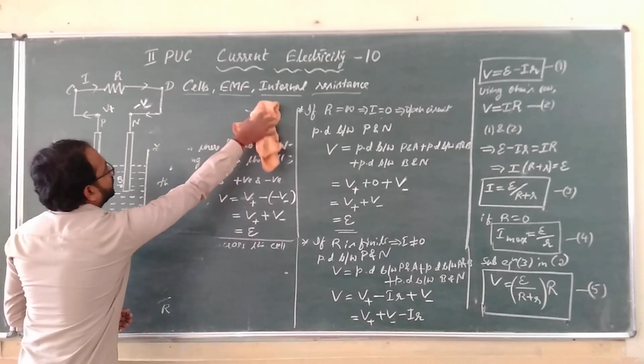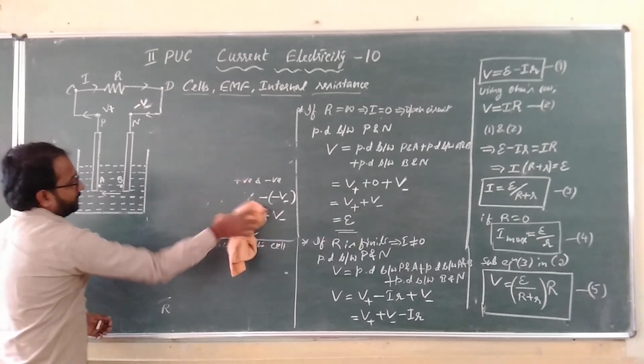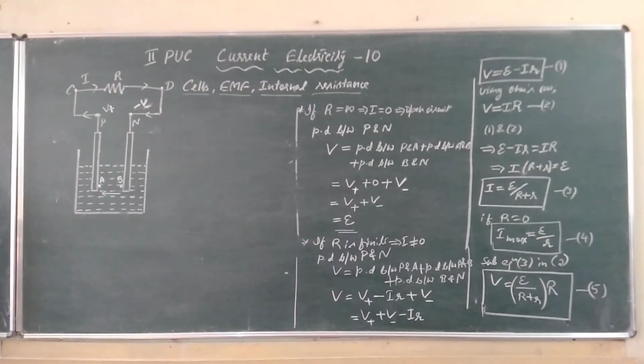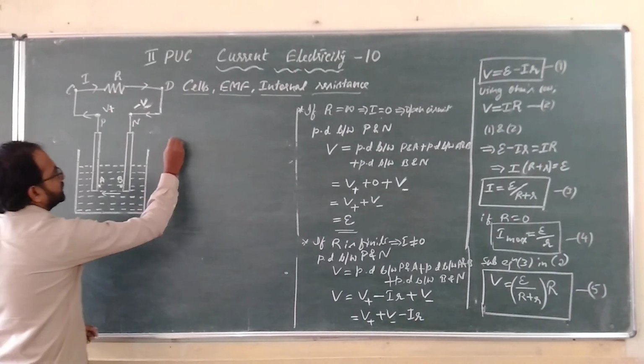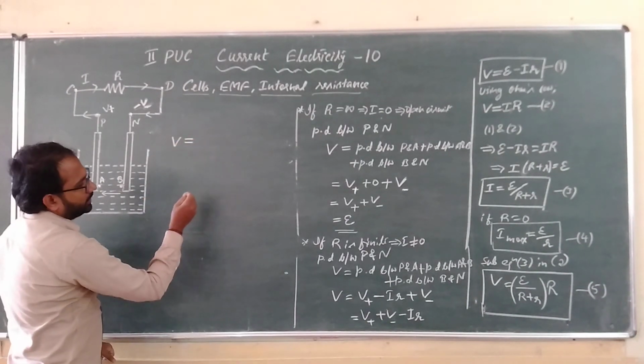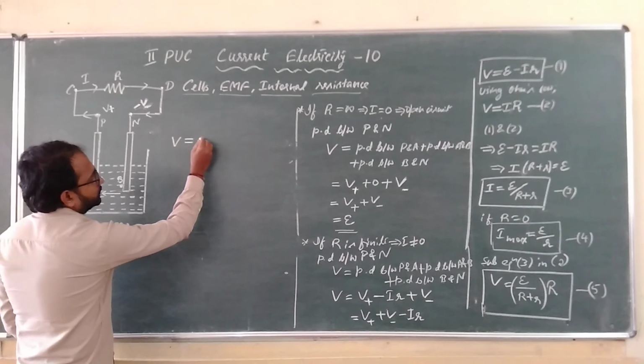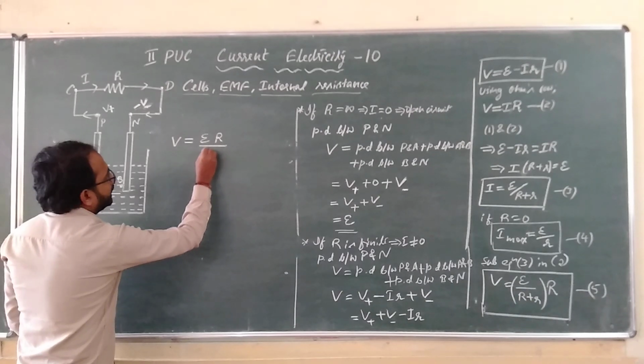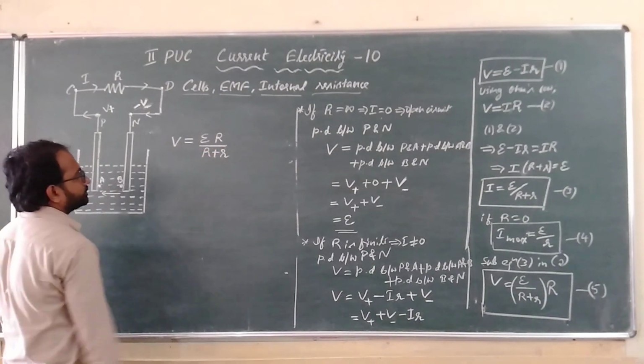We have the terminal potential difference across the cell is V, which is equal to E R divided by (R plus r).